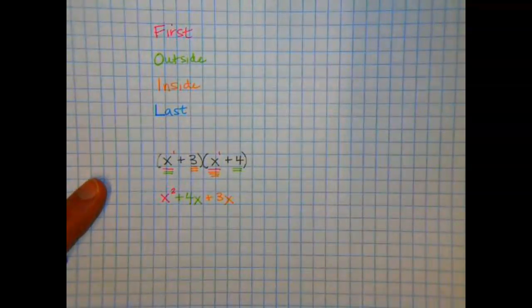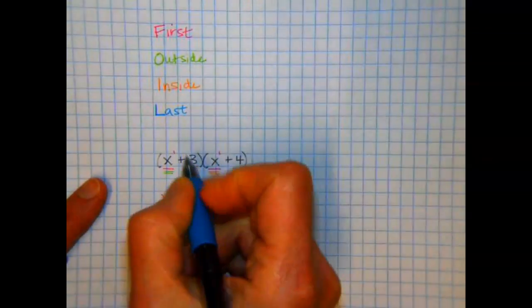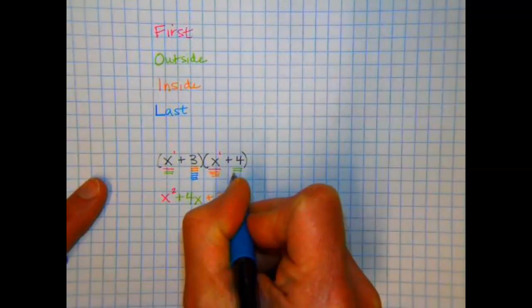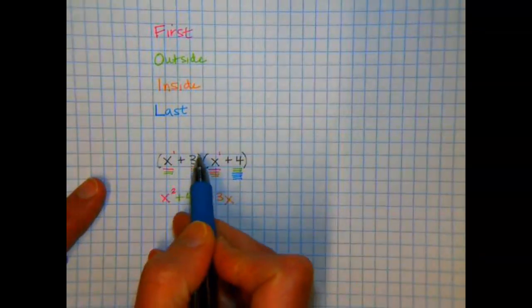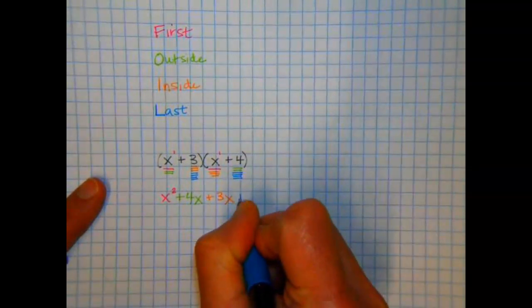And then finally, L refers to last. We have the last term in each one of the parentheses, the 3 times the 4, so that would be 12.